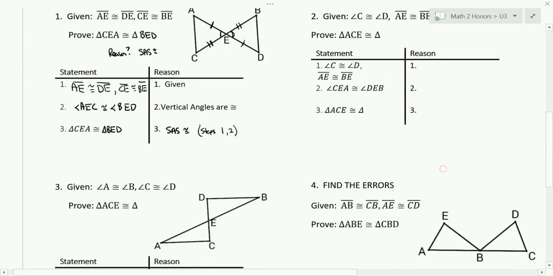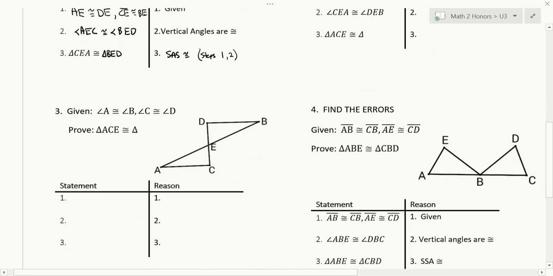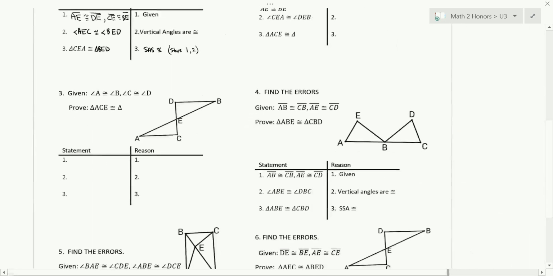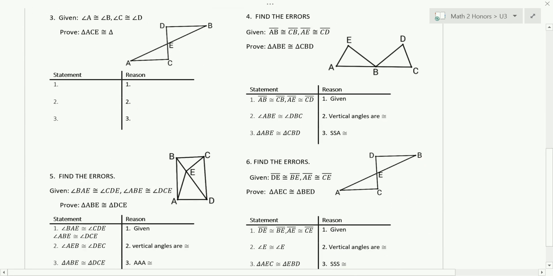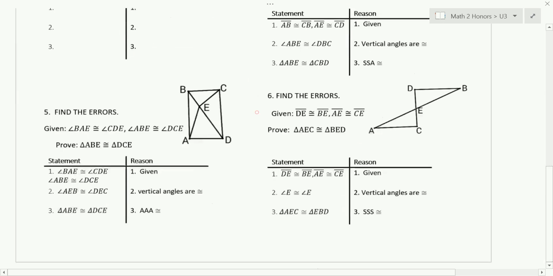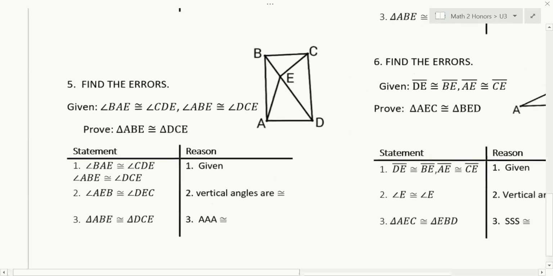The first 3 are kind of writing proofs, but the last 3 here are proofs written out where I'm telling you there are some errors, and we get to look for them. So let's look at number 5. Go ahead and read through that proof and see if you can find as many errors as possible.